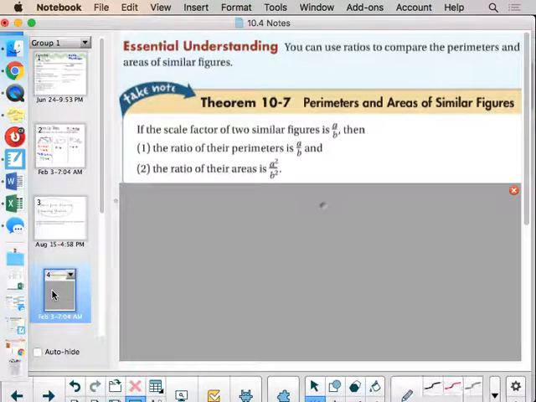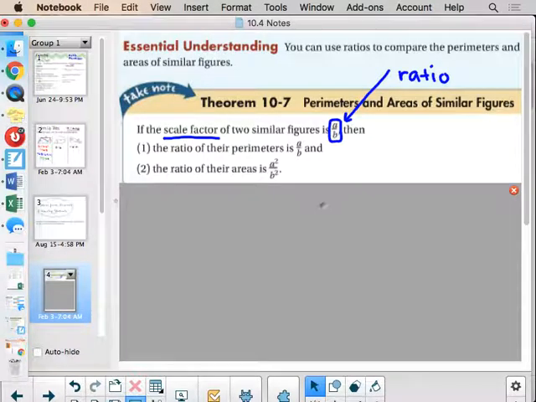So if a scale factor is given as A over B, this is their ratio of proportion, the same thing we figured out by getting corresponding sides. So if their sides are in the ratio A to B, the ratio of their perimeters is actually going to be the same thing. Still A over B.